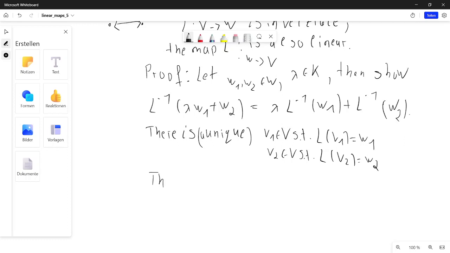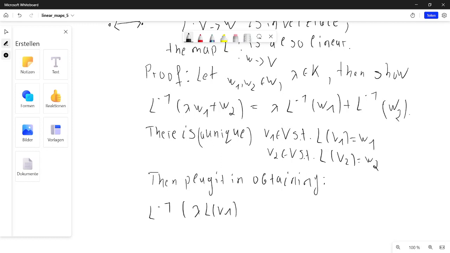Then plug it in. I just plugged it in here, instead of W1, W2.